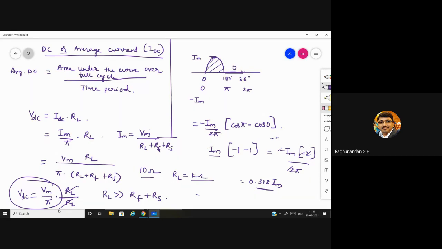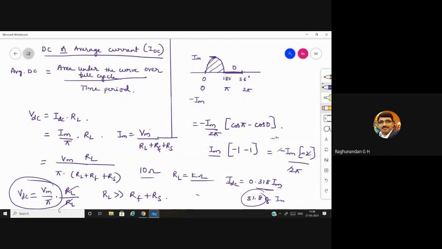Here I was also saying 0.318 Im. That indicates that of the output current you are getting, only 31.8% of the current is DC. So what is the remaining?